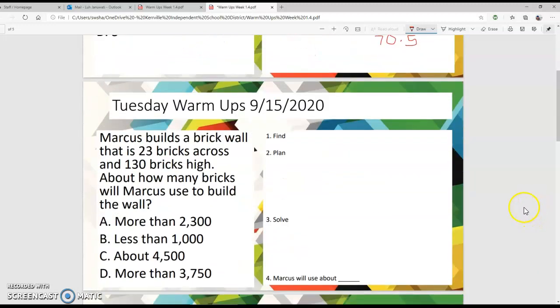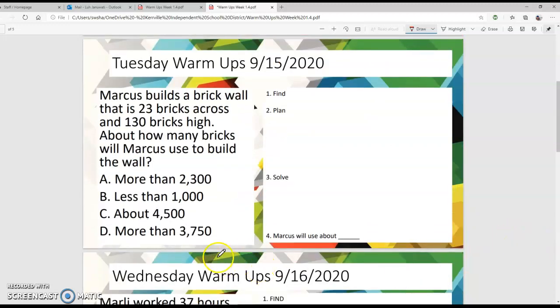Let's go on to Tuesday warm-ups. Marcus built a brick wall that is 23 bricks across and 130 bricks high. You're asked to estimate about how many bricks Marcus will use to build the wall.